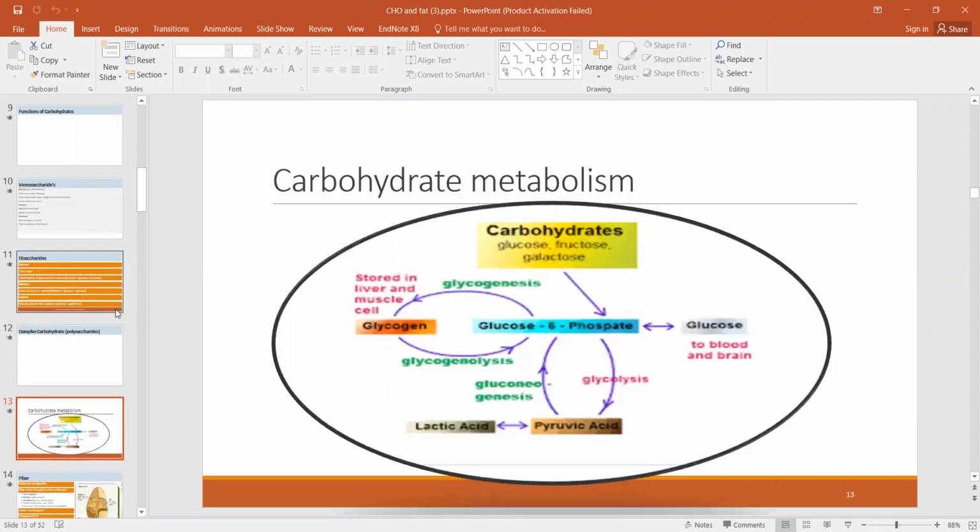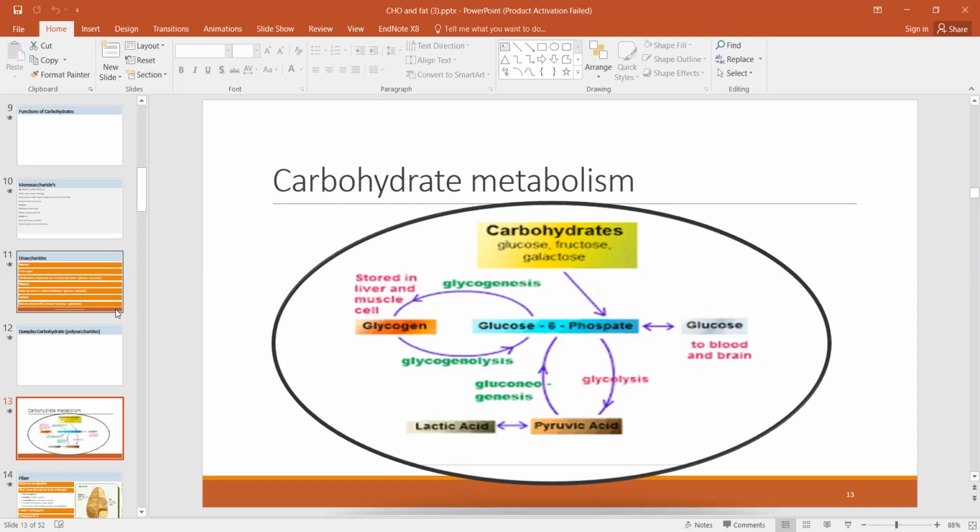How are carbohydrates metabolized in the body? Basically, there are four pathways involved in carbohydrate metabolism. First, each form of carbohydrate is converted into glucose 6-phosphate, and then in the process of glycolysis there is formation of pyruvic acid and lactic acid. When the body needs glucose, there is a reverse of glycolysis, known as gluconeogenesis, in which glucose is formed again.